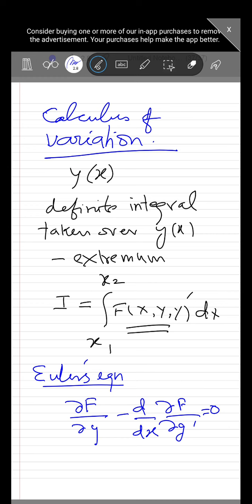Now, when f does not depend explicitly on x, then a different form of the above equation is more useful.